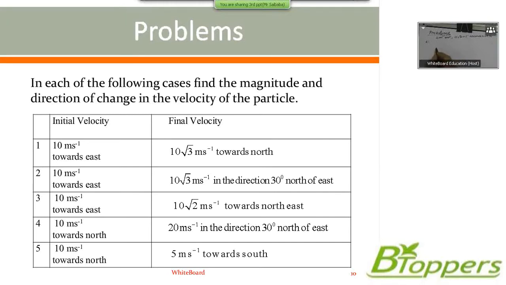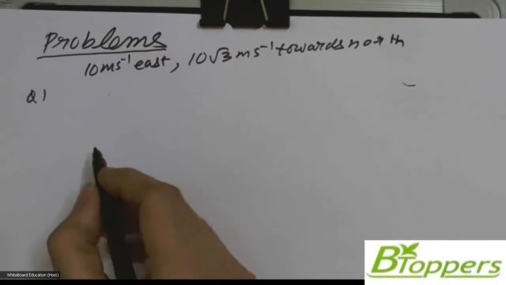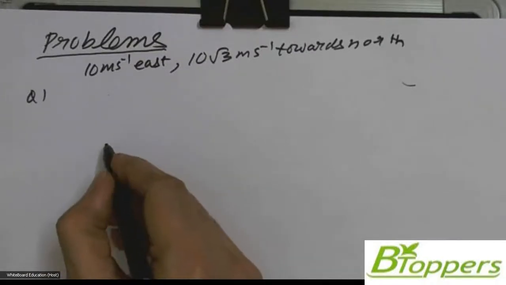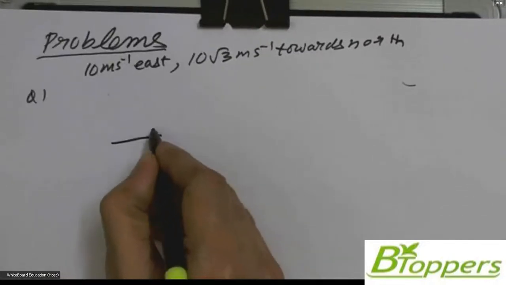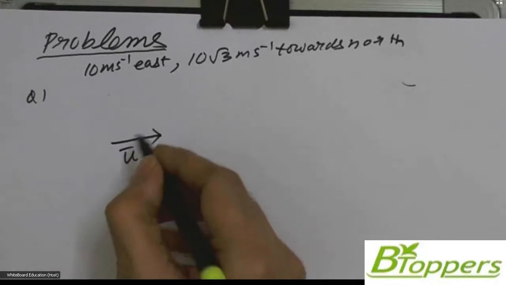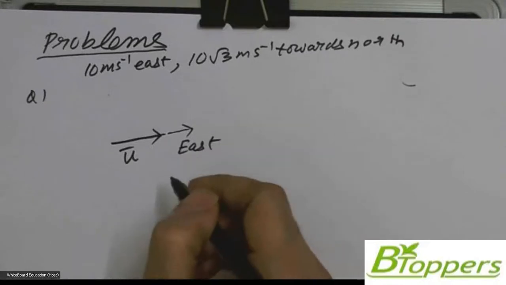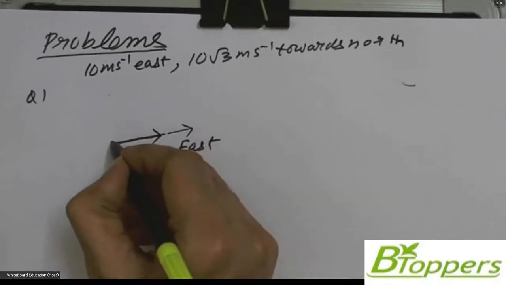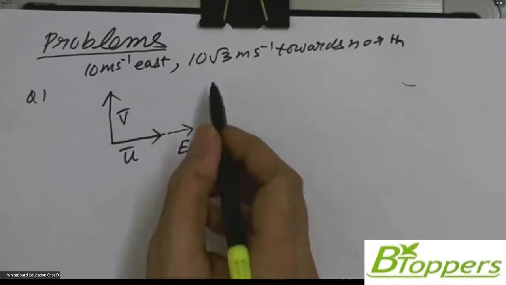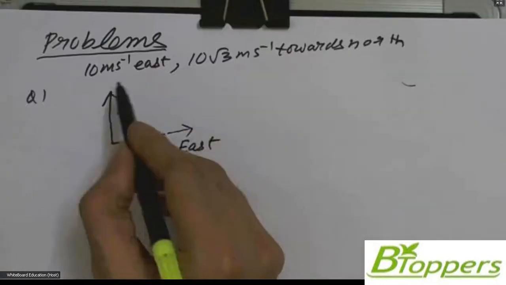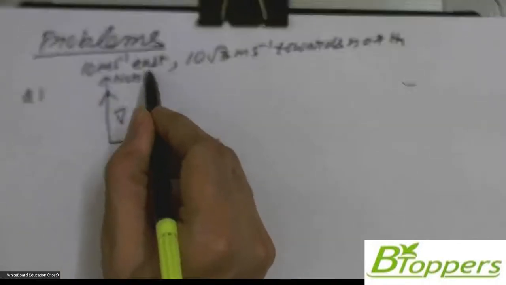So here, the initial velocity of the particle is given as 10 meters per second towards east. And the final velocity of the particle is given as 10 root 3 meters per second towards north.